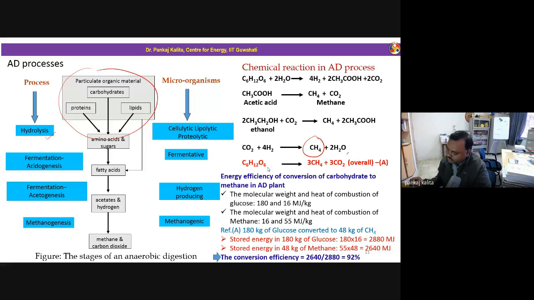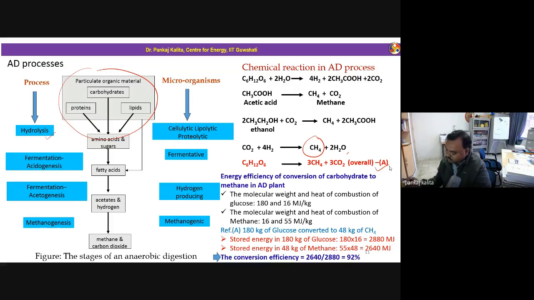The molecular weight and heat of combustion of glucose are about 180 and 16 megajoule per kg. The molecular weight and heat of combustion of methane are about 16 and 55 megajoule per kg. Referring to the overall chemical reaction, 180 kg of glucose is converted to 48 kg of methane.